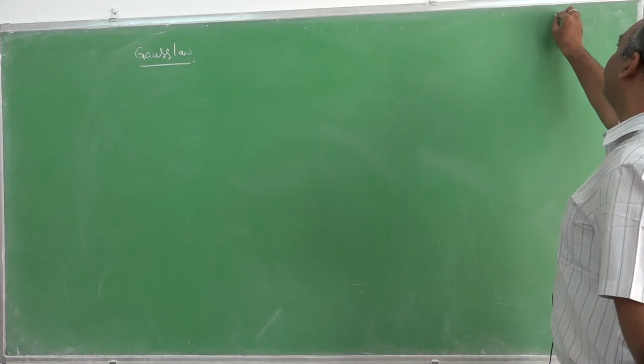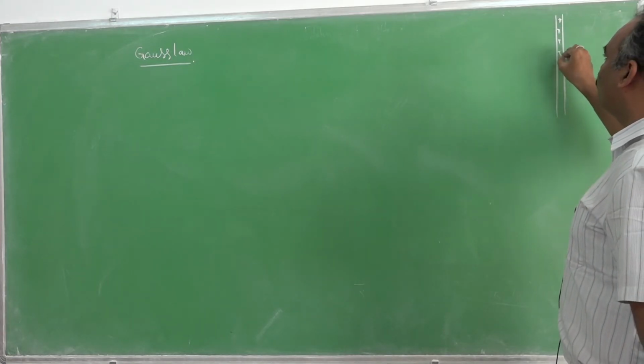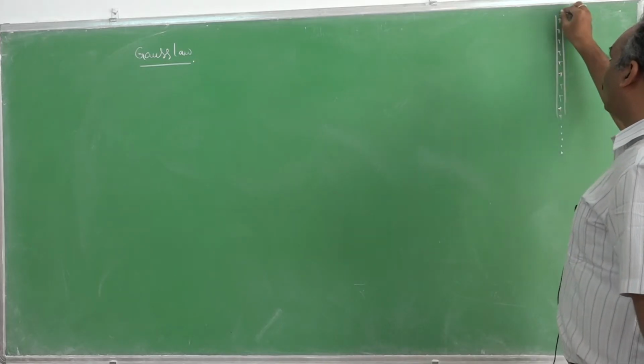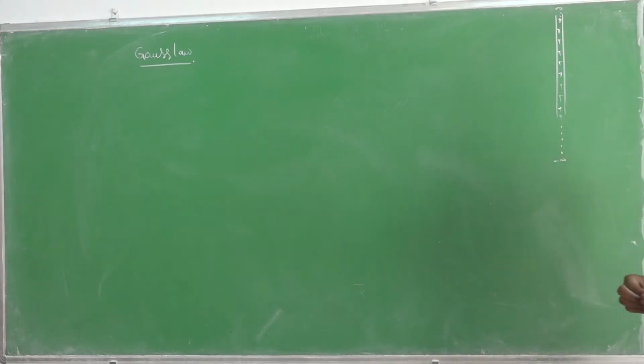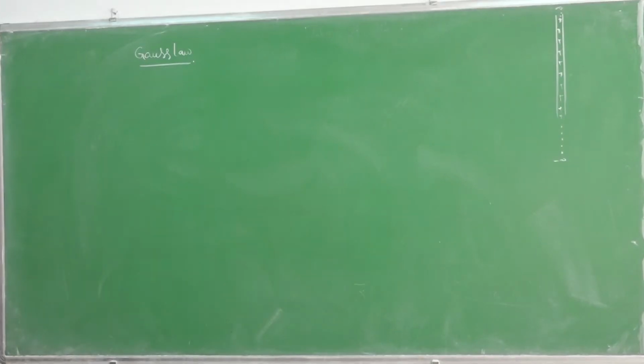Sometimes charge is distributed over a line. This is called linear charge distribution. Here we may not know the ends of the conductor. Then what is the total charge available on that linear distribution? Nobody knows.